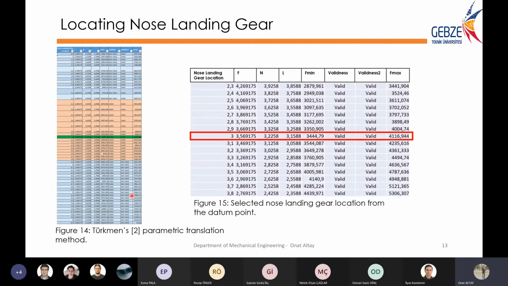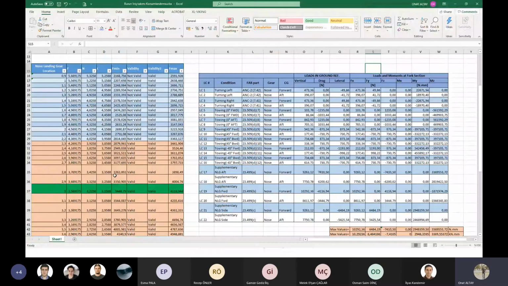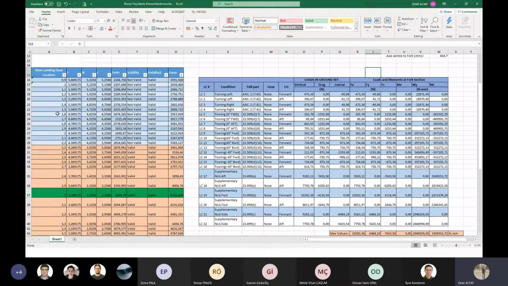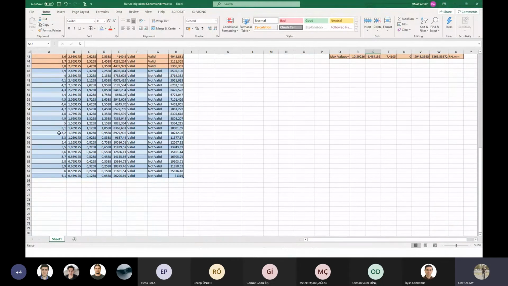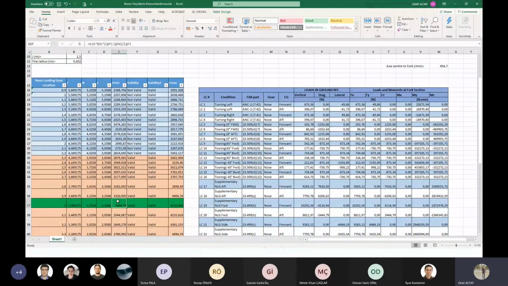This list is a bit long, so I will show an Excel. So I shift the nose landing gear 0.1 meters at a time until somewhere close to the main gears. These are the minimum forces and maximum forces that apply to the nose gear.